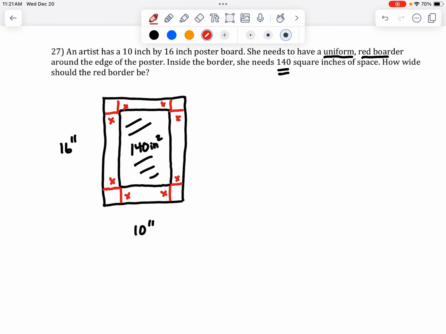Okay, so the black shaded part equals 140. So in other words, the area, or the printable area, is 140 inches squared.